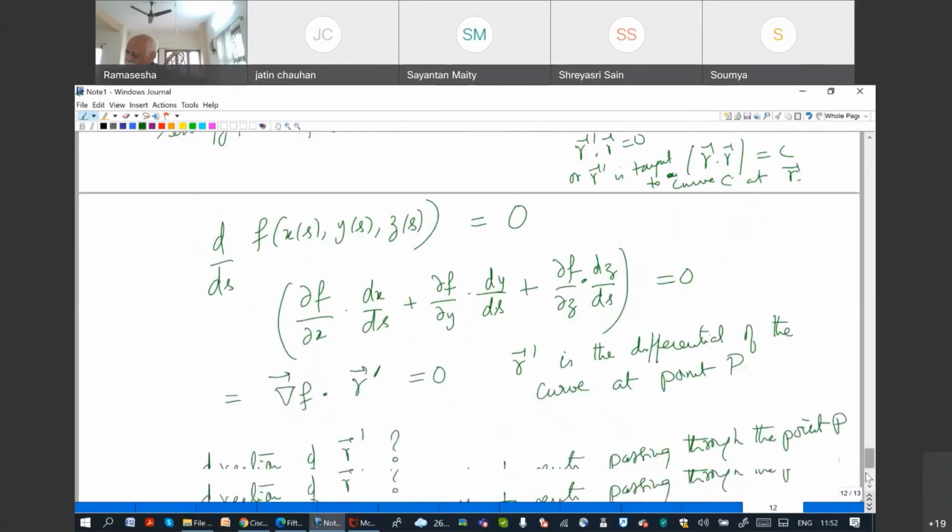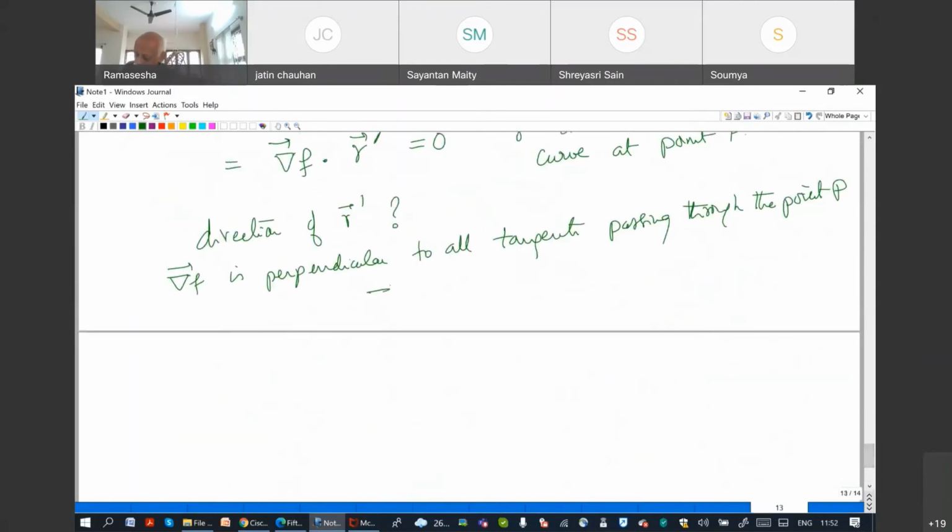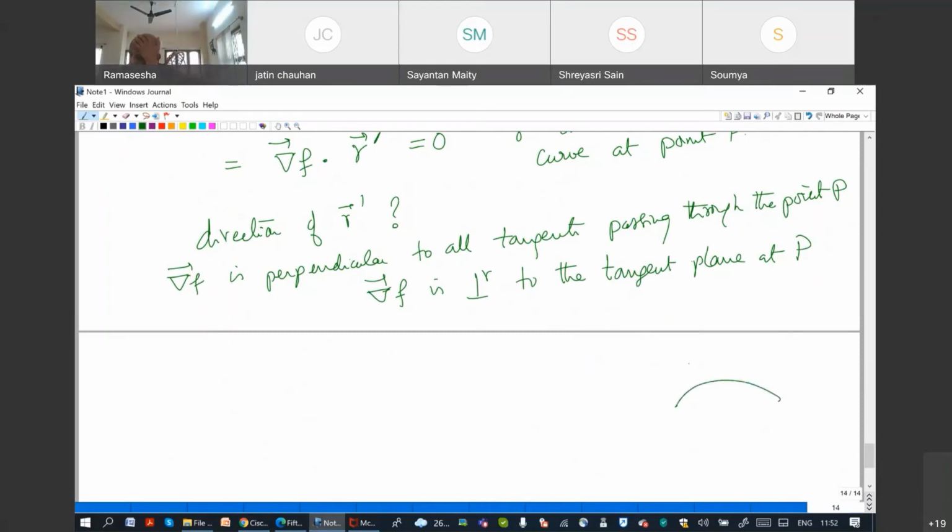So grad f is perpendicular to the tangent plane at P. You can think of the surface, something like this, and then you have a tangent plane at this point, where all the tangents to the surface are going through. And the direction of grad f is perpendicular to this.